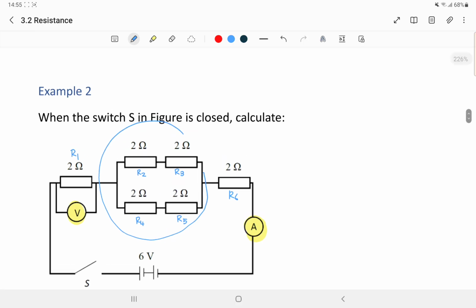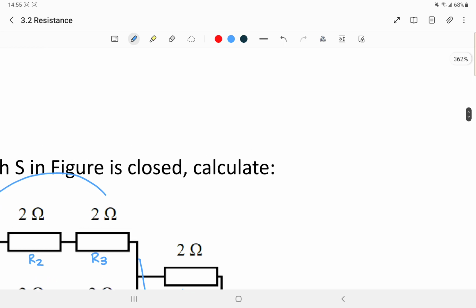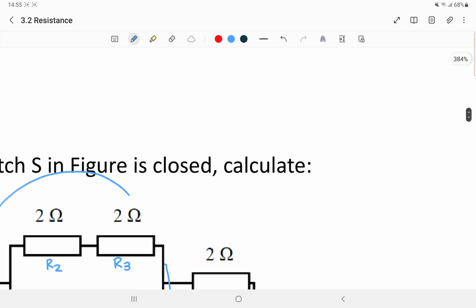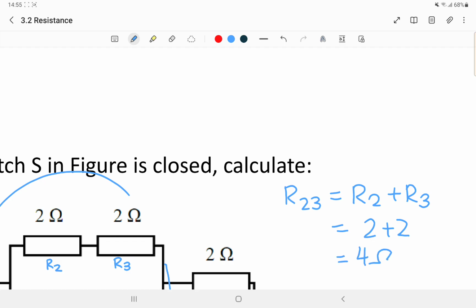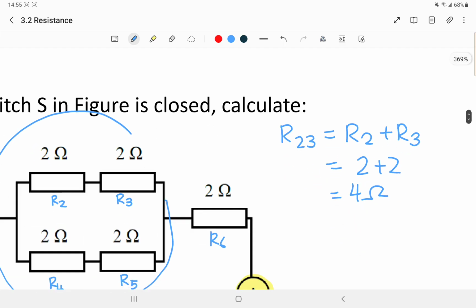Okay, so now we can do R2, 3 and R4, 5 first. R2, 3 equals R2 plus R3 because they are in series, and this will give us 4 ohm. And then R4, 5 are also in series, so R4 plus R5, which is 2 plus 2, equals 4 ohm.